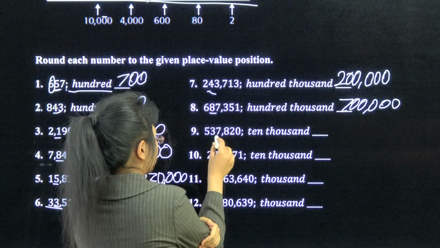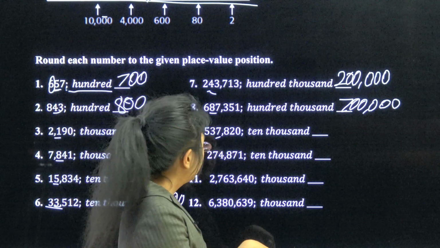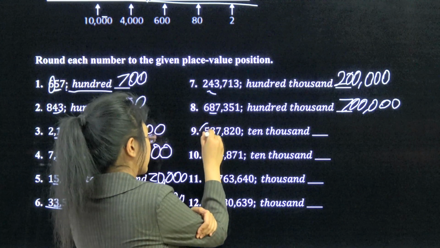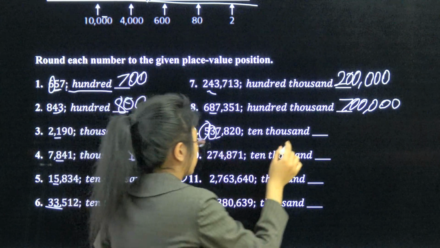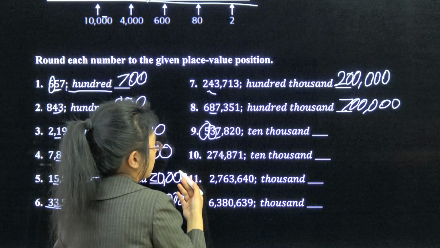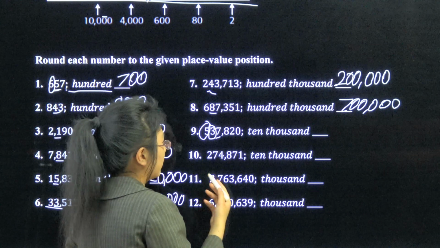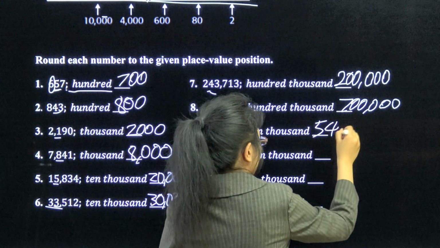And what's in the thousands place? 7. So we're going to round up. But we're rounding up to 10,000. So we're not going to change anything in the 100,000s. We're just going to change the 10,000 digit. So instead of 537,000, it'd just be 540,000.